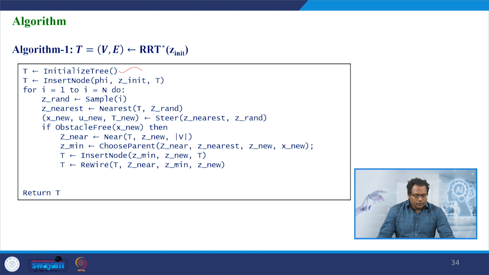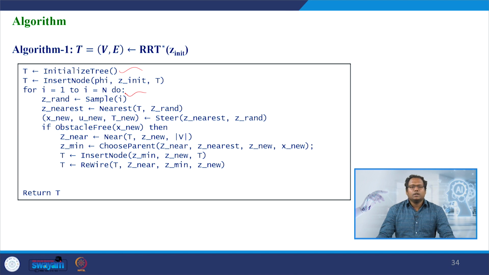Then we insert node to the tree by having the iteration which involves a search in the search space, deeper search in the search space. By selecting the random node using sample function, we can find the nearest node in the tree from the sample random node.